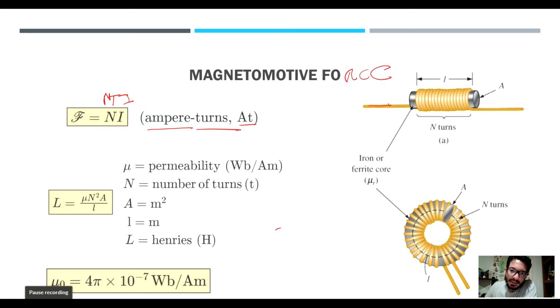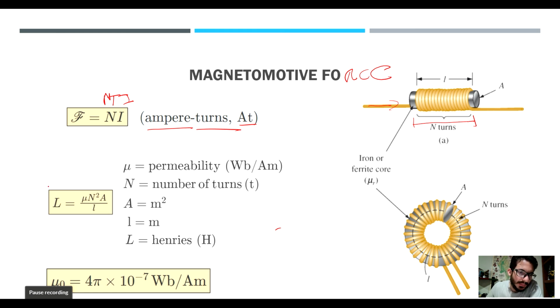Either you increase the current or you increase the number of turns. Of course, for the number of turns you have the geometrical restriction of the length available. If you increase the current, you could run into burning your circuit. That's why you have to have things proportional in current, number of turns, thickness of the wire, etc. So it really depends on the application.